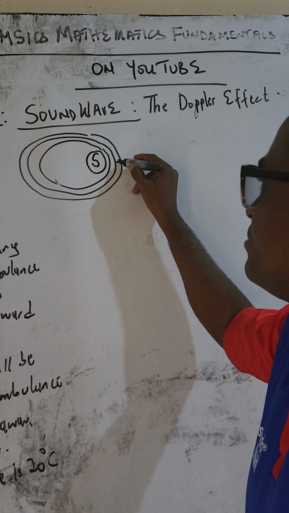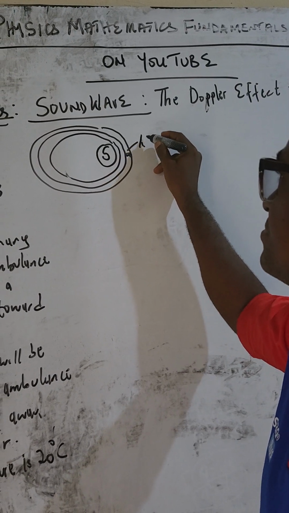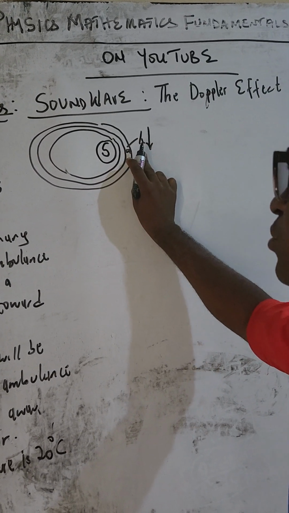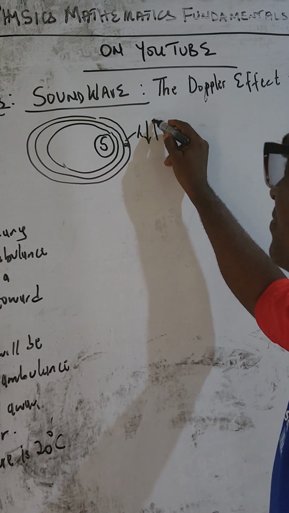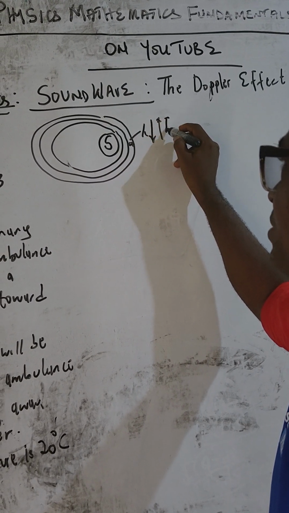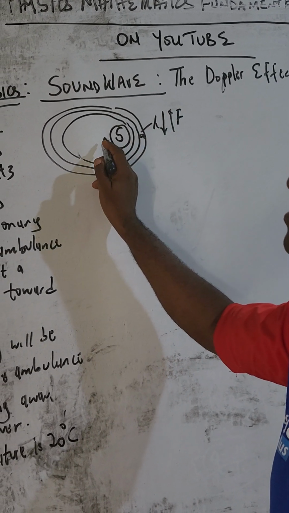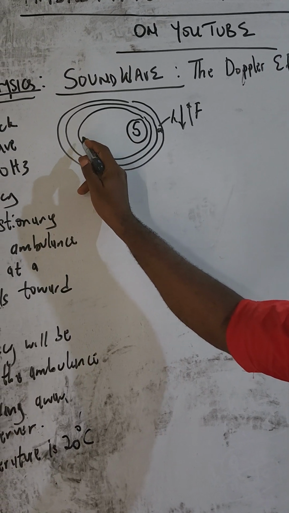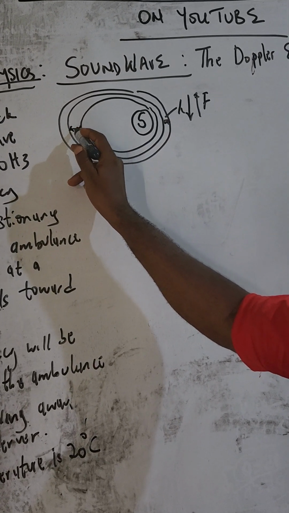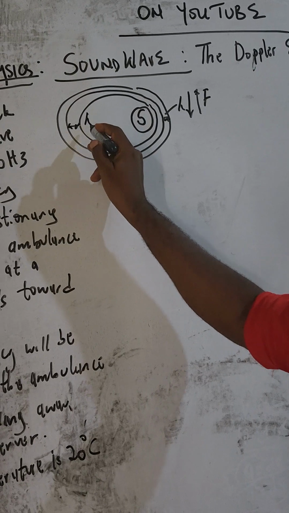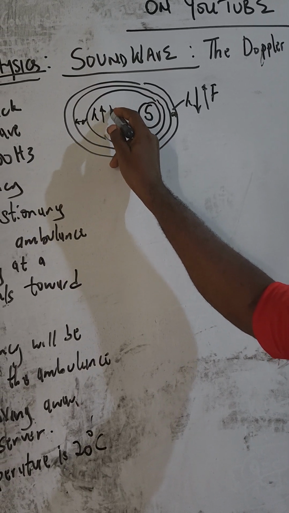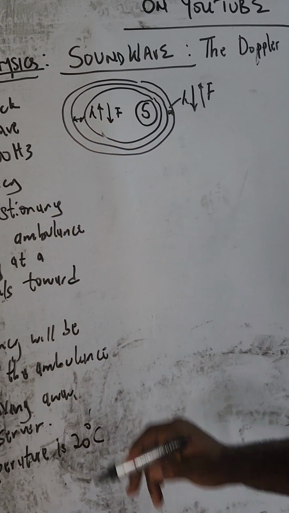Around this side the wavelength is low, but the frequency of the wave is high. But around this side that I have here, the wavelength is high, but the frequency is low.